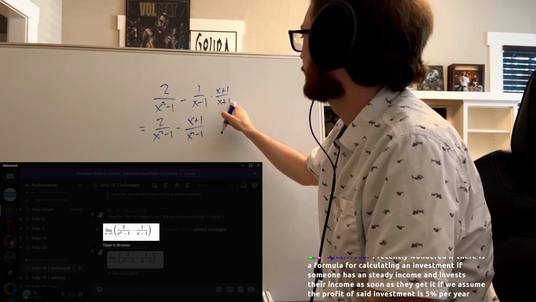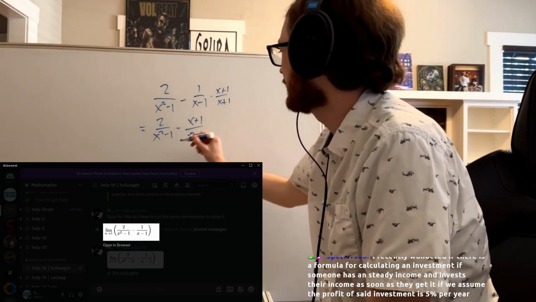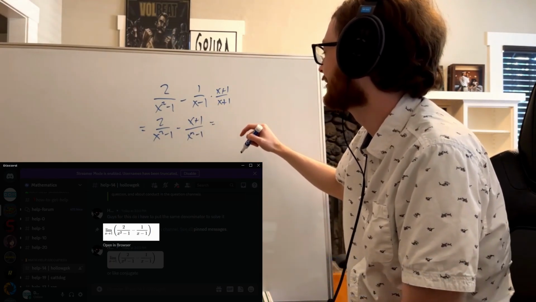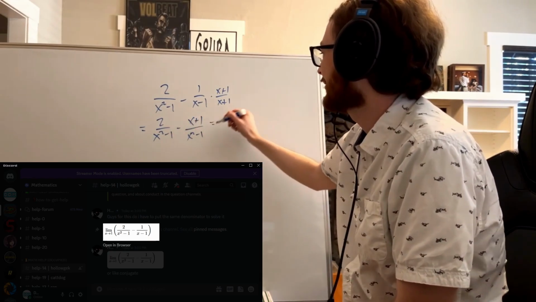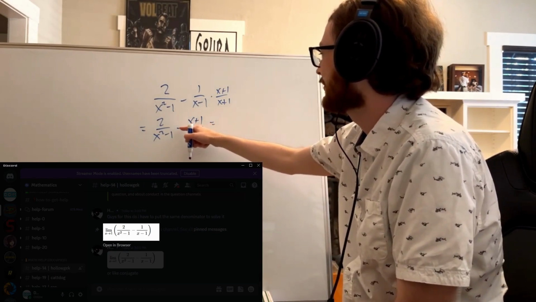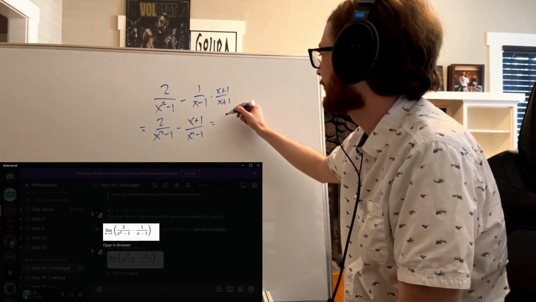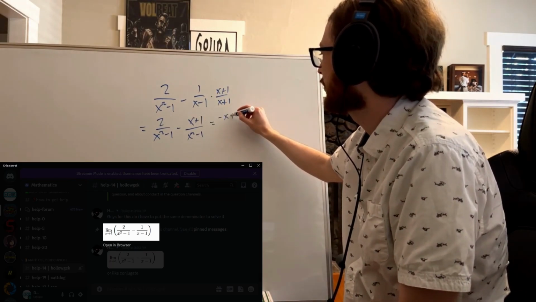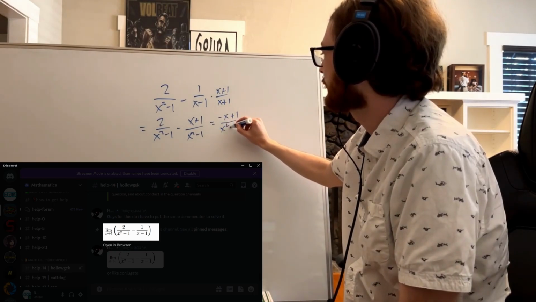That's a difference of squares, so that's why I did the math so quickly, and I don't want someone else to beat me to answering this one if I can help it. So we do 2 minus x plus 1. The minus sign goes to both of these terms, so it's going to be minus x minus 1 over x squared minus 1.